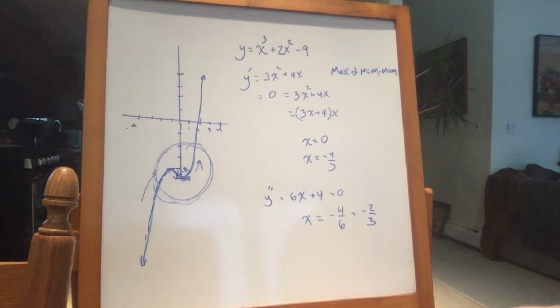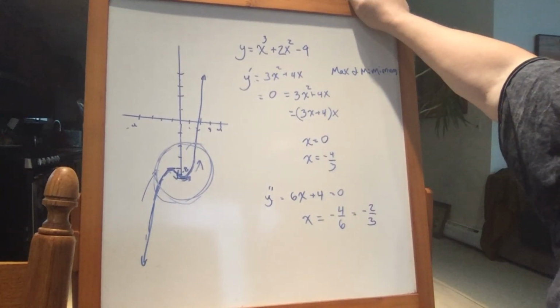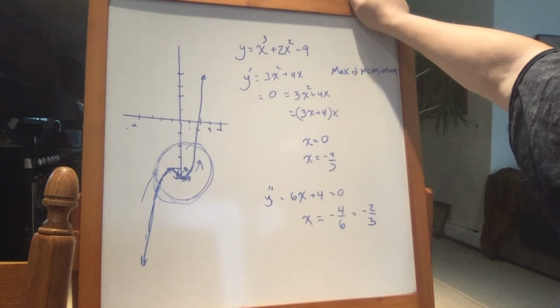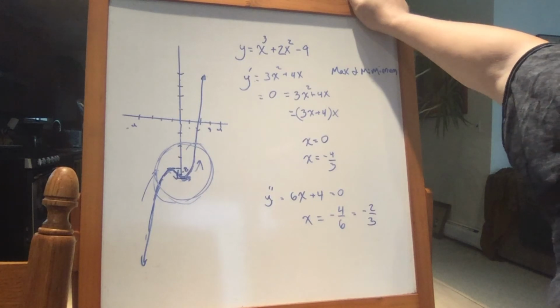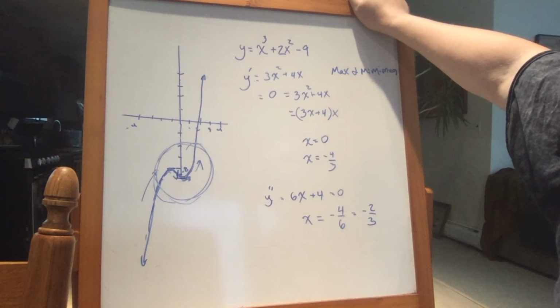This is a fascinating aspect of derivatives, and it's also one of the first things that you learn when you take a course in calculus: how do derivatives help you plot functions?